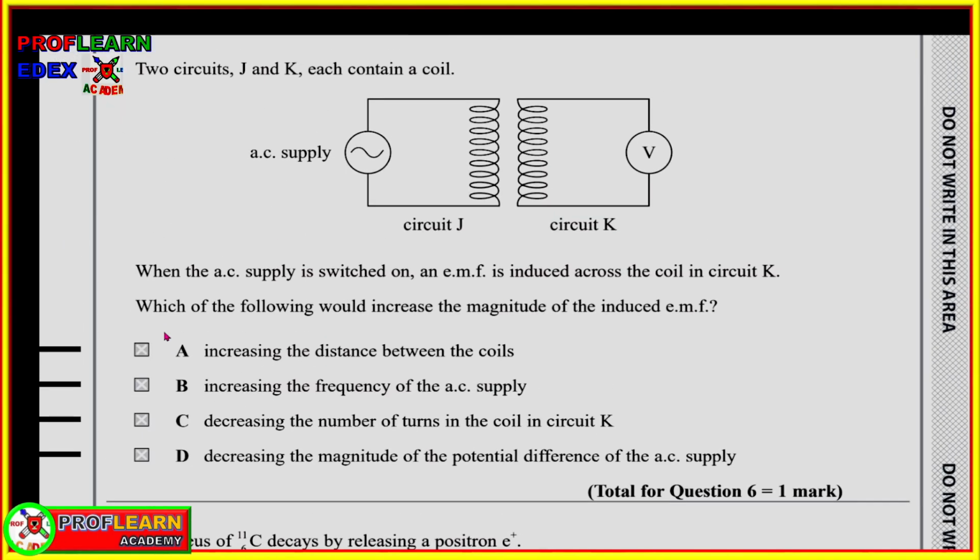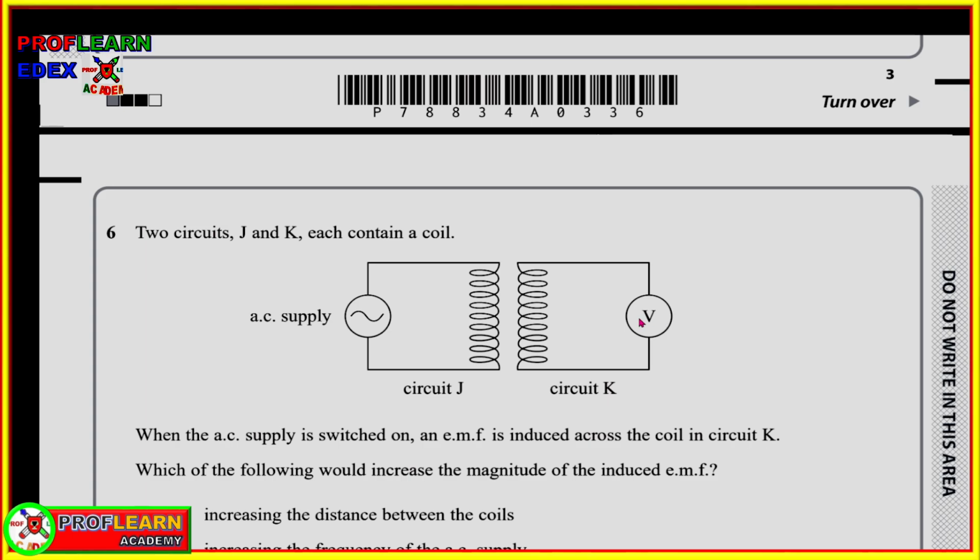We have question number 6, and let's see what it's asking us here. In this case, we are being told that when the AC supply is switched on, an EMF is induced across the coil in circuit K. Which of the following could increase the magnitude of the induced EMF? So the induced EMF will depend on a few factors.